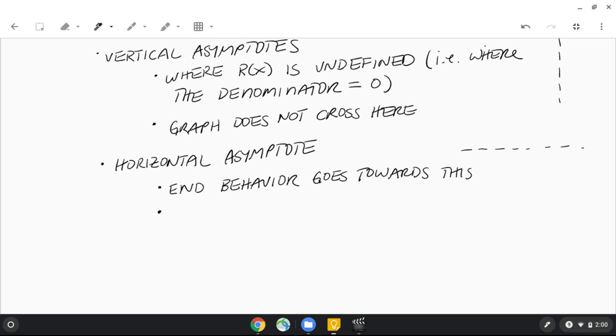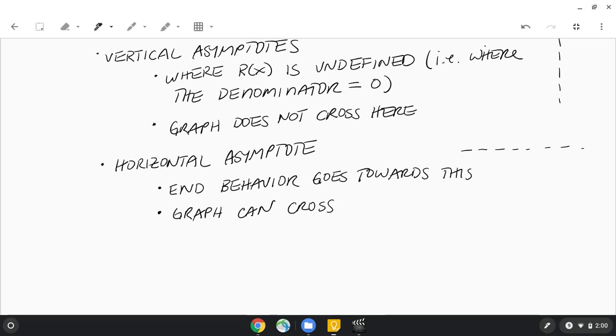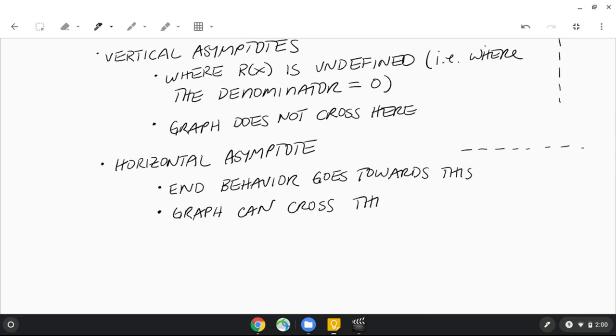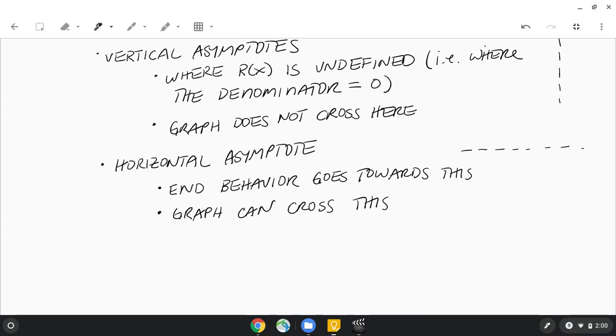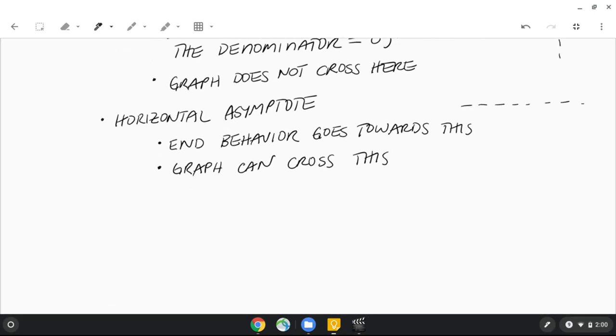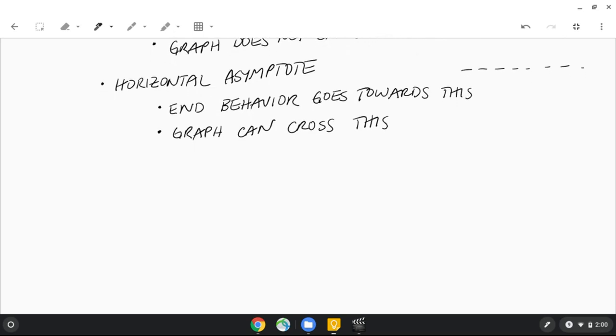And your graph can cross it, unlike the vertical, because it's the eventual end behavior. We're going to look at how to calculate this, and there are basically two situations. We'll look at this more.